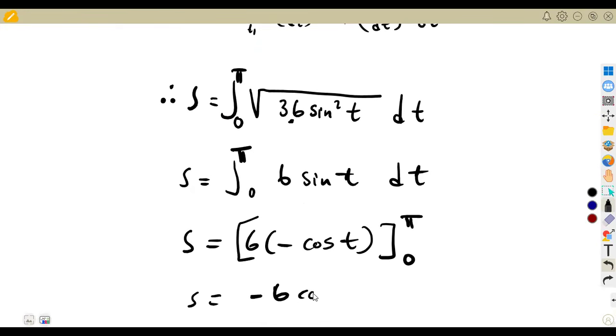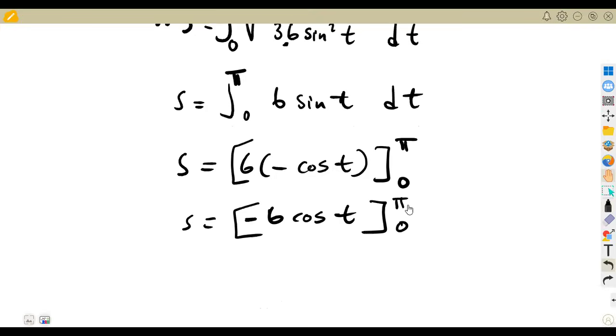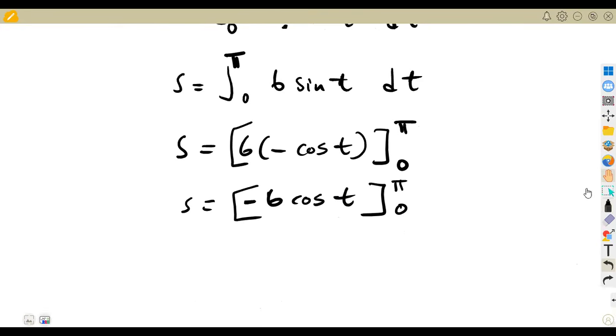So that's minus 6 cos of t like this. Then we can apply our limits. Remember from N5, how to apply the limits: upper limit minus the lower limit. And if these limits are being applied for a cos, a trigonometric function, they will be in radians.